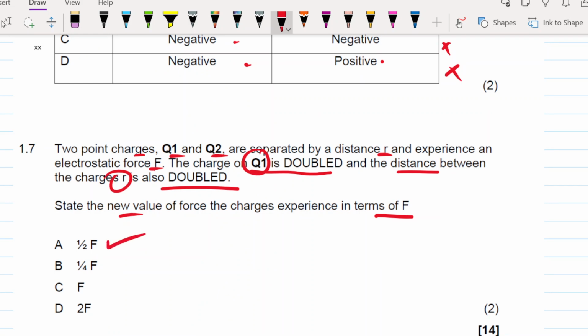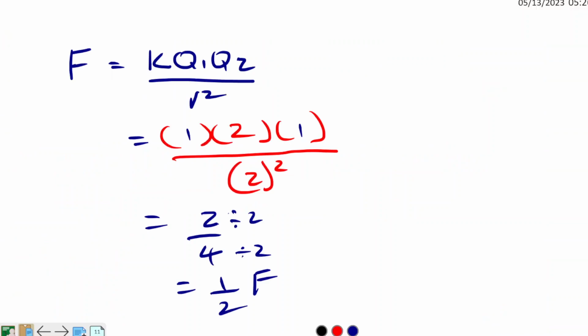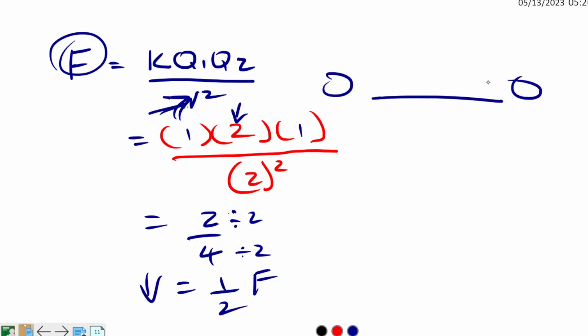So obviously that's A, it cannot be B, cannot be C, cannot be D. So the answer for 1.7 is A. In other words, if you double the charge and you double the distance, then the force decreases because the distance is being doubled. So the force is going to go down.